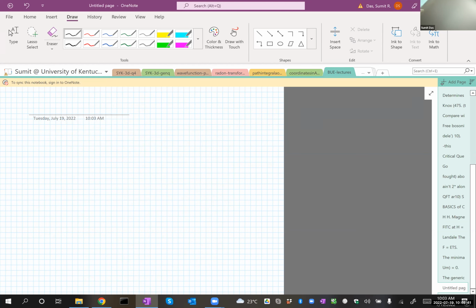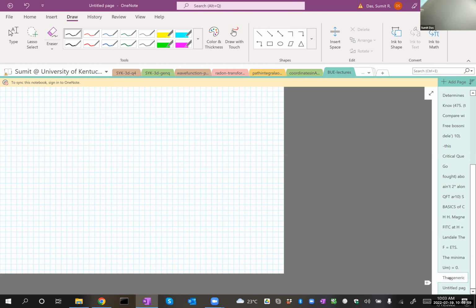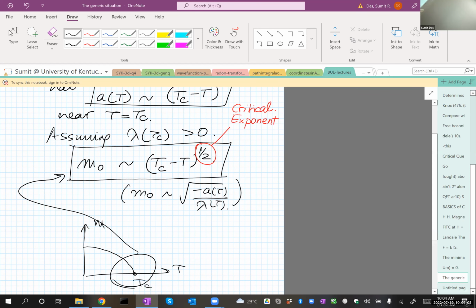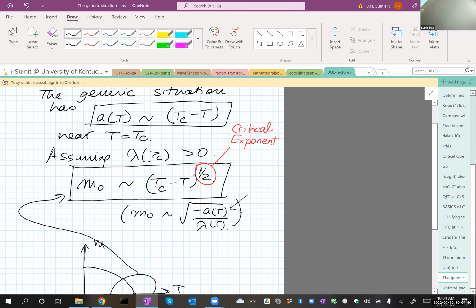And the lesson of this exercise is that this quantity behaves as some power of Tc minus T. And the significance of this calculation is that the power is not an integer power, it's a fractional power. Why was it a fractional power? Because of this relationship, and because the parameters which describe the free energy are assumed to be analytic in T minus Tc.